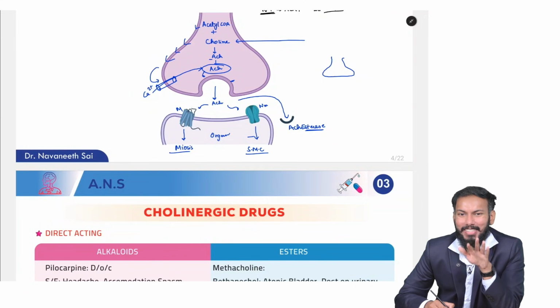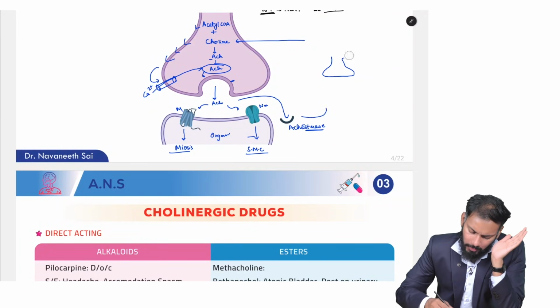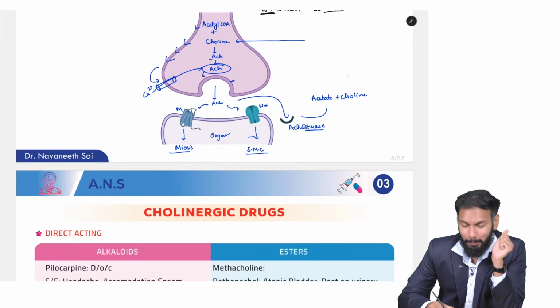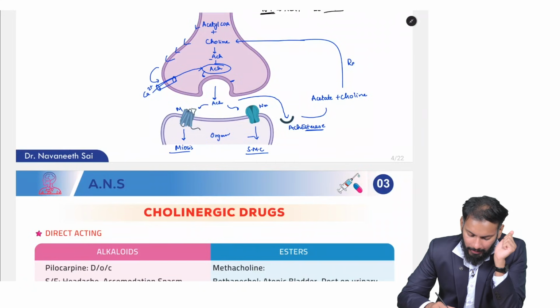Because it breaks the ester bond present in acetylcholine. Now, when this is broken, it will form acetate plus choline. So this is the same choline that is going back up into our body. That is why we call it reuptake of choline.